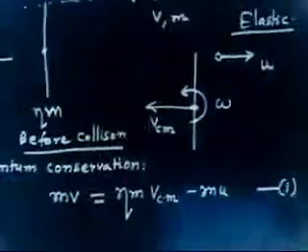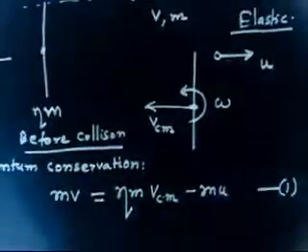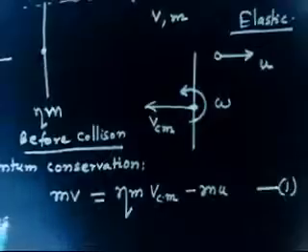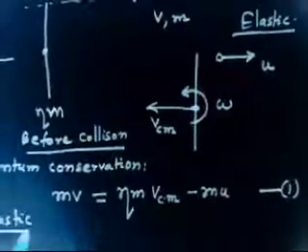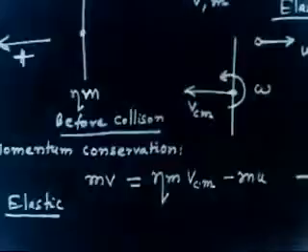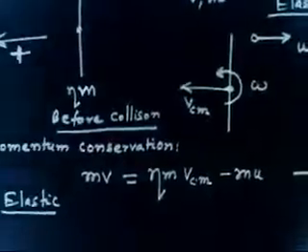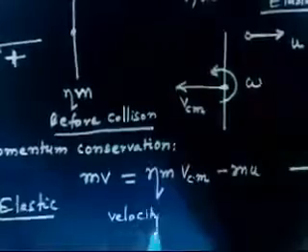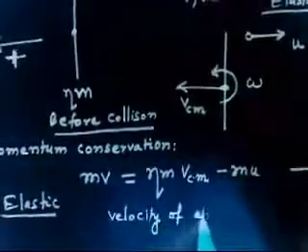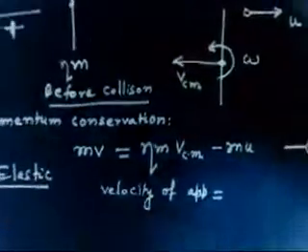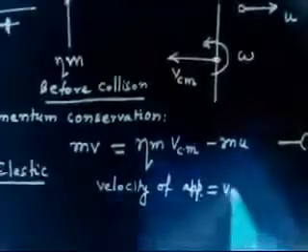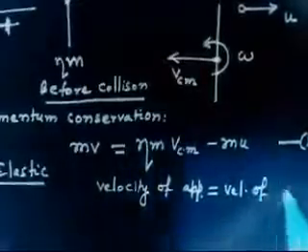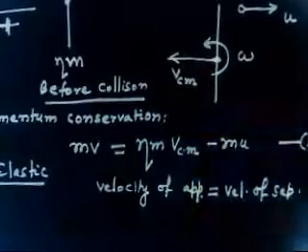The second equation I will get from the collision being elastic. That is, velocity of approach is equal to velocity of separation, with sign. This I am going to apply.